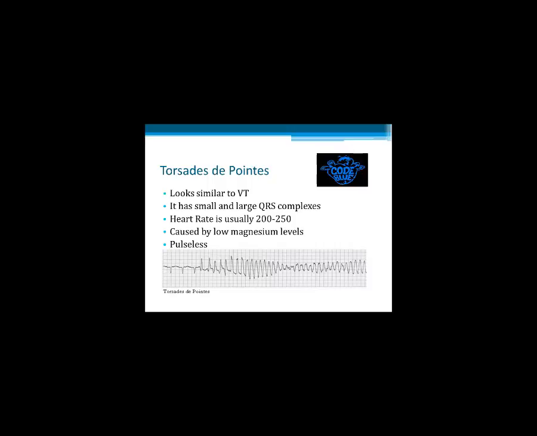You have to treat the cause. You can defibrillate if it develops into ventricular fibrillation, but I don't know about you, I don't want to stand around and wait and see if it's going to convert to VFib. So most of the time you're going to give these patients magnesium and it'll spontaneously resolve once you get the magnesium back up.